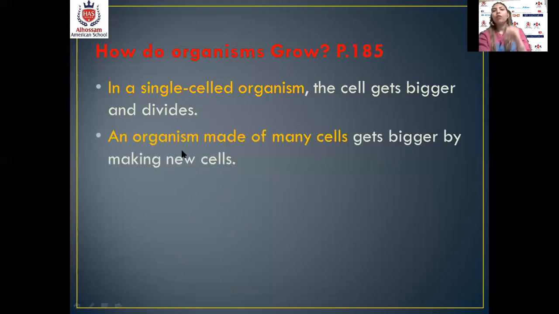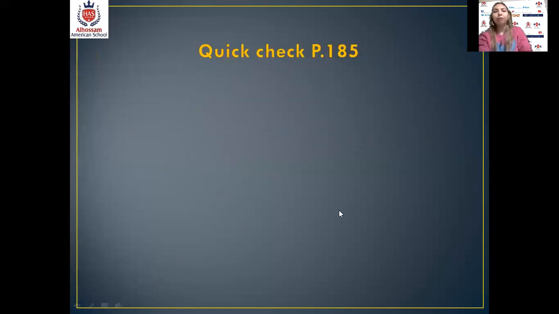An organism made of many cells like us, how does growth happen inside your body? It gets bigger by making new cells. New cells are made in our body and let us get bigger, but we do not produce offspring from our arms or anywhere. So there is the difference between both of them.